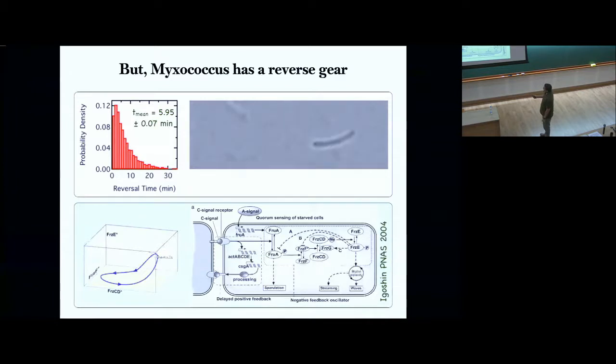Also there is intercellular signaling which feeds into this oscillator clock or the motility machinery of the bacteria. Just by making contacts with each other, these guys are able to control their motility.